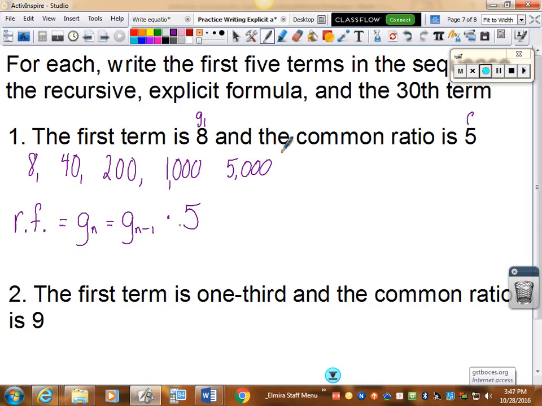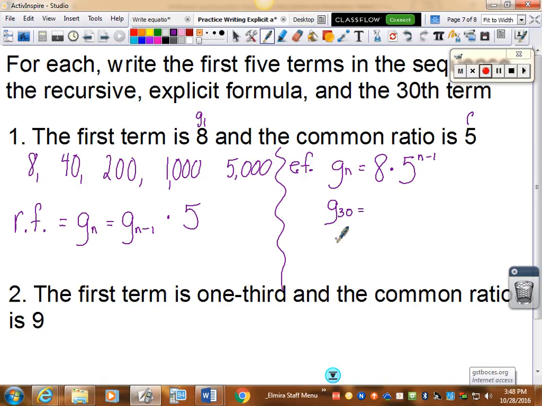If I am doing the explicit formula, any term I want is my first number times my r to the n minus 1 power. Again, make that exponent nice and small, nice and high. So g sub 30.